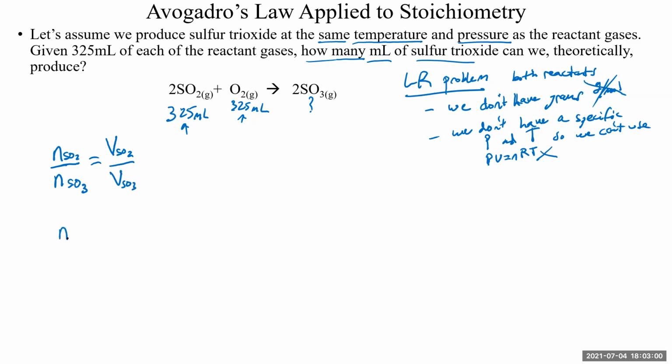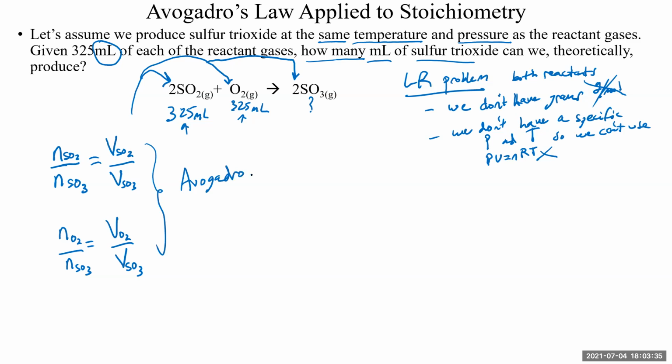And likewise, the mole ratio of oxygen to the moles of sulfur trioxide is exactly the same as the volume of oxygen to the volume of sulfur trioxide. That helps us immensely. What that means is we can now reinterpret these stoichiometric coefficients as milliliters, as volume.